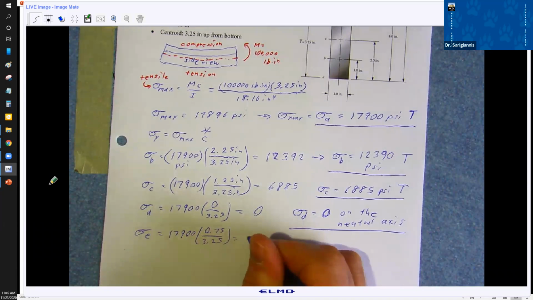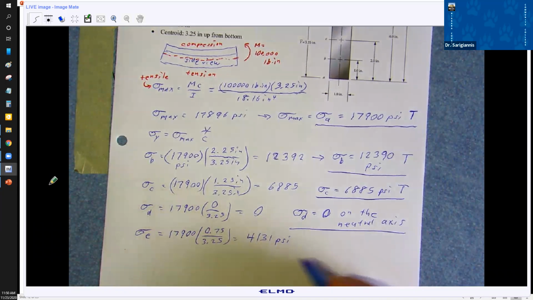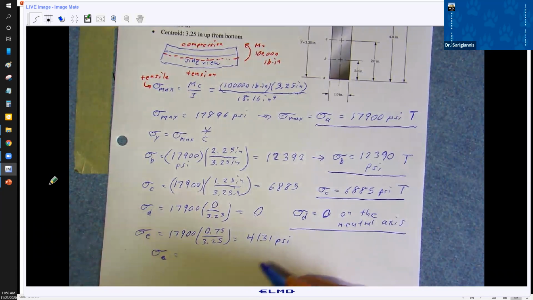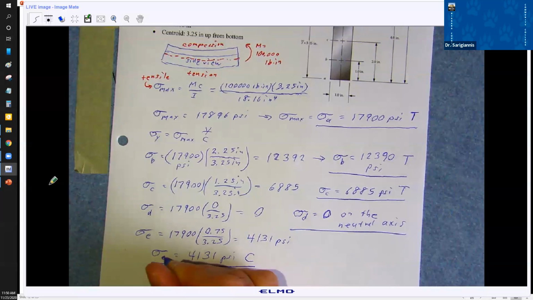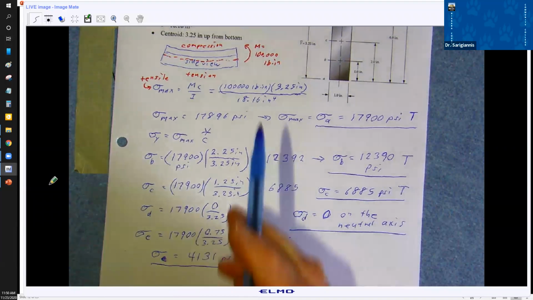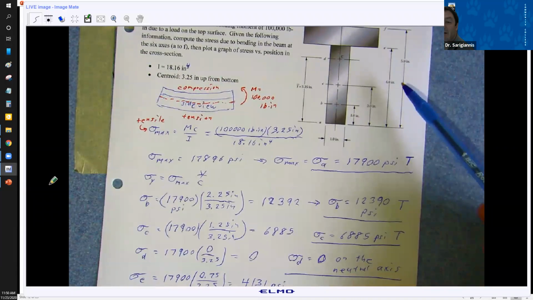This gives me 4,131 psi. So sigma E, 4,131 psi, and that is in compression, because it is above the neutral axis.